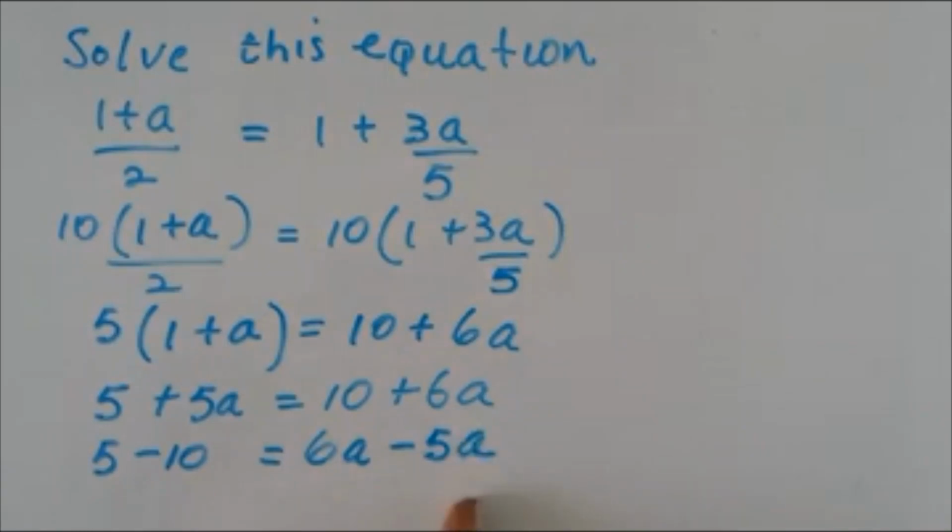If we evaluate each side and swap sides, this becomes a, and this negative 5. And this is your solution.